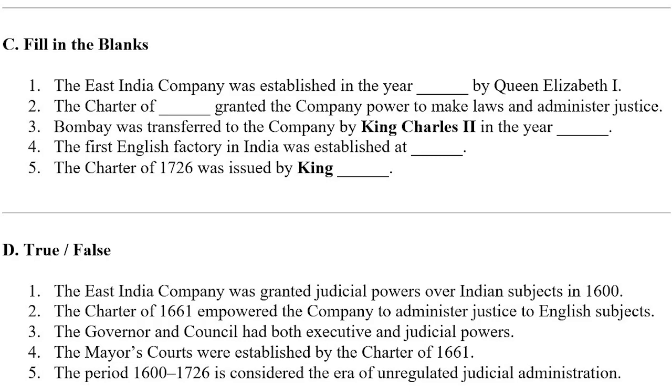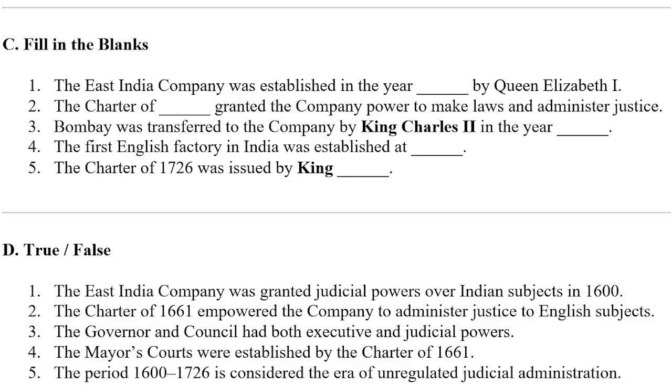Bombay was transferred to the company by King George II in the year 1680, I suppose. In 1668, Charles II leased Bombay to the East India Company. The first English factory in India was established at Surat. The Charter of 1726 was issued by King George I.